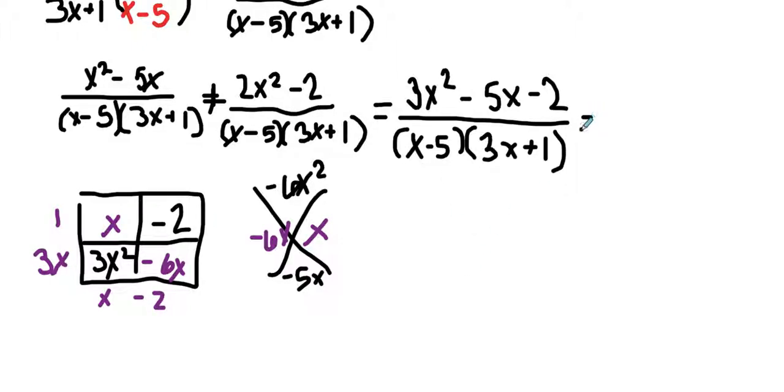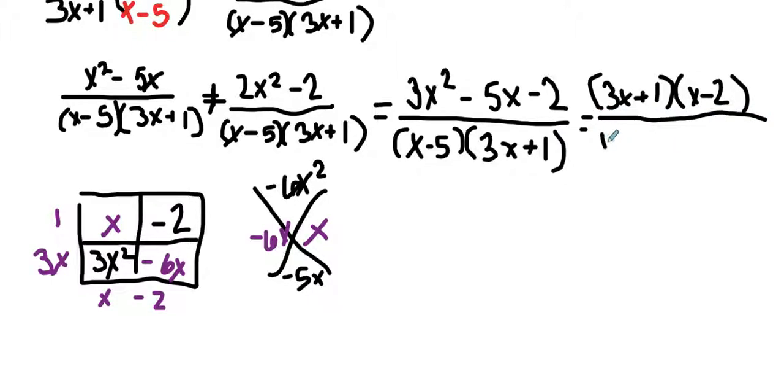So now when I look at this, I have 3x plus 1 times x minus 2 all over x minus 5 times 3x plus 1.